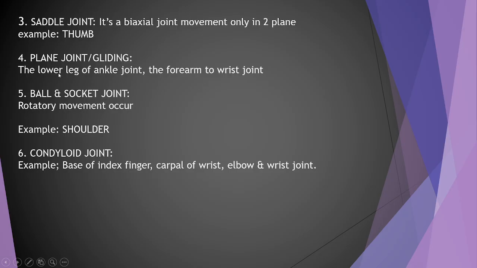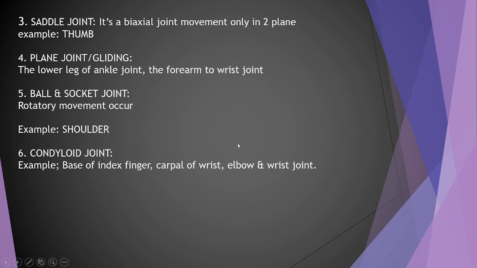Ball and socket is the shoulder, with rotatory movement. Condyloid joint examples include the base of the index finger, the carpal of the wrist, the elbow and wrist joint.